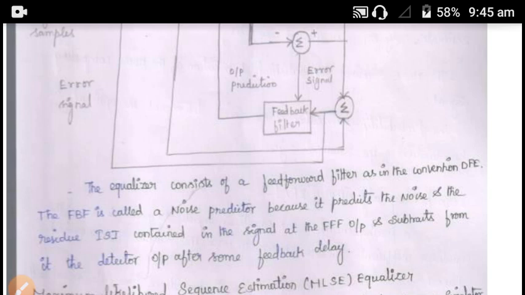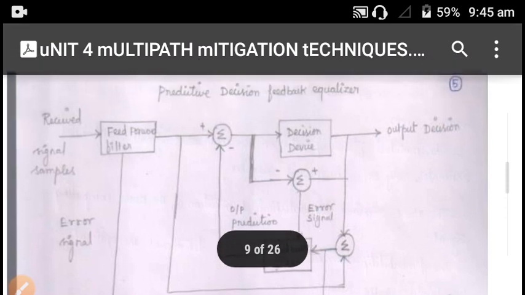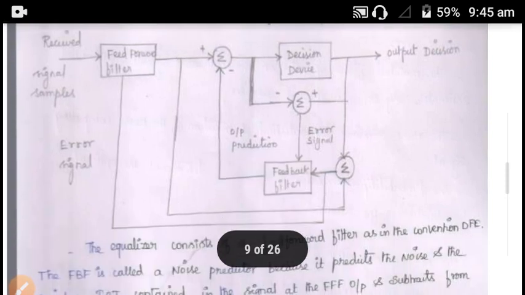It will reduce the inter-symbol interference contained in the signal at the feed forward filter output, and subtract it from the detector output after some feedback delay. It is just a predictive decision feedback filter.